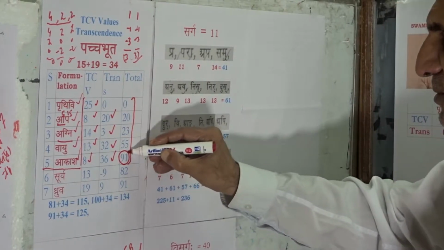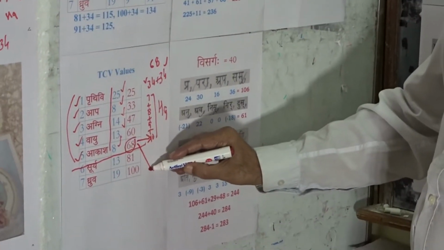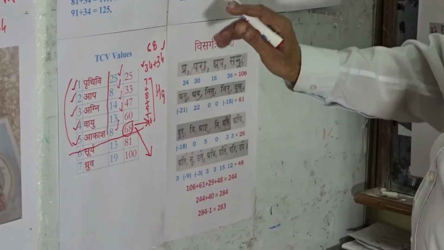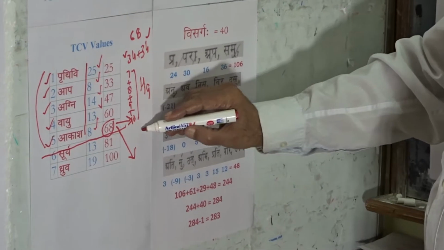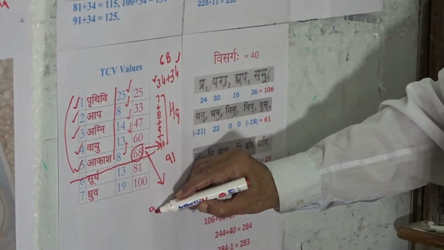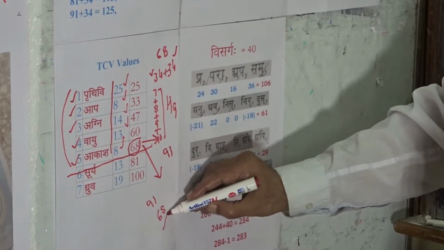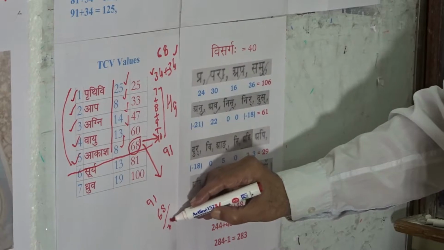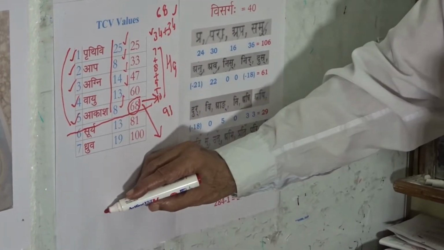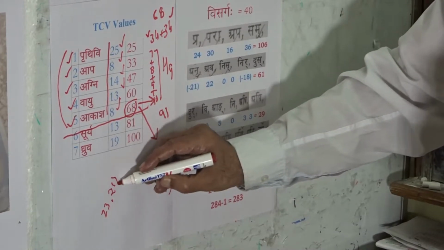So Panchbhut value is 68 while the Panchmahabhut value is 91. See, this value 91 minus 68 is a value 23. We know 23 constitutes a pair of values 23 and 21.